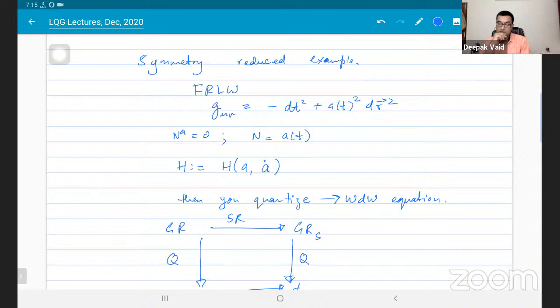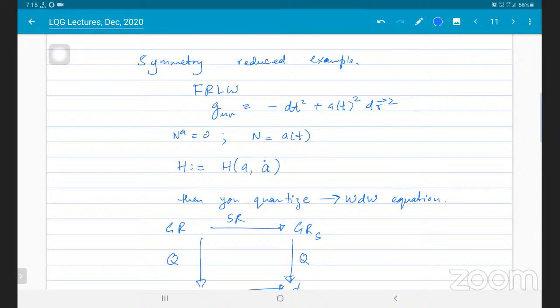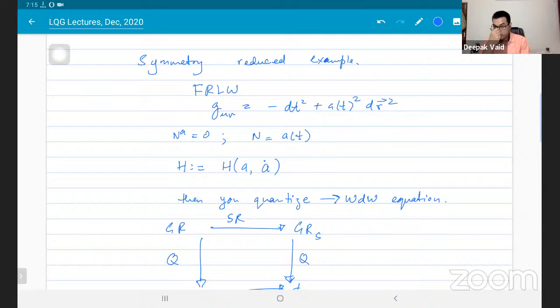Okay. Thank you, sir. But again, the point is that it will give you non-perturbative information, right? It will tell you something, that's for sure.